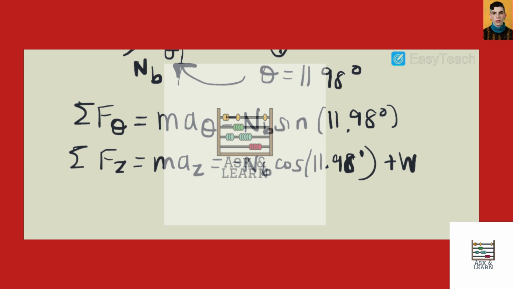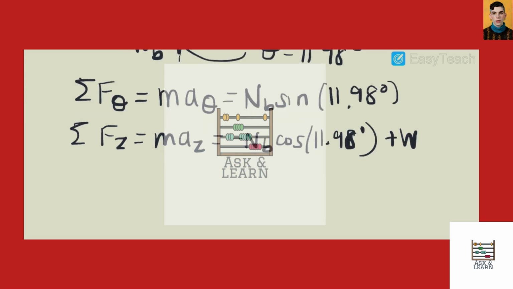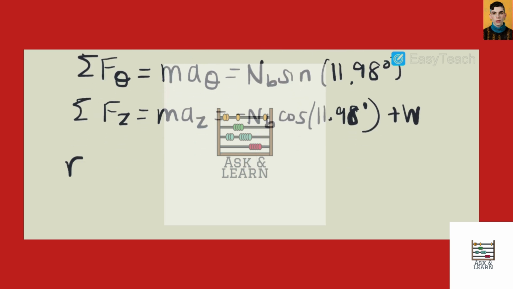So now we can go ahead and solve for accelerations. The way we can do that is by using our knowledge of tangential, linear, and angular motion in theta. We know our r is 1.5 meters, and that's going to be constant. Therefore, r dot and r double dot are equal to 0.